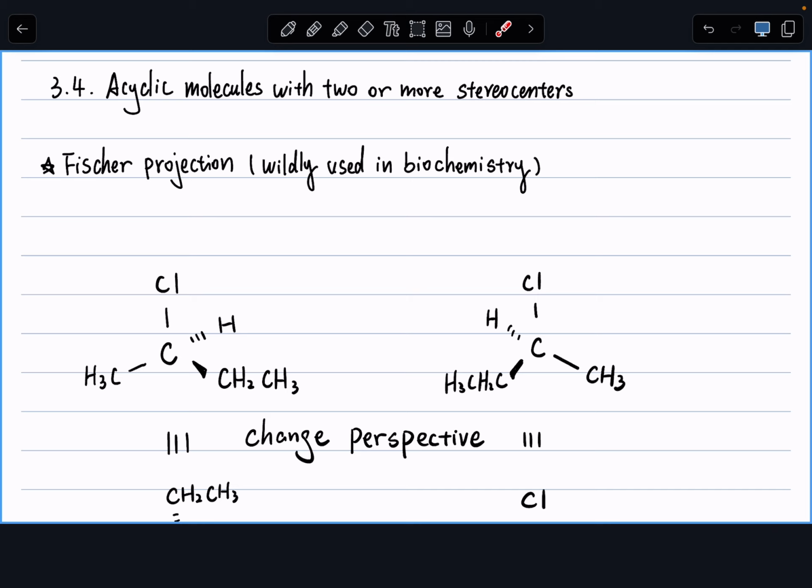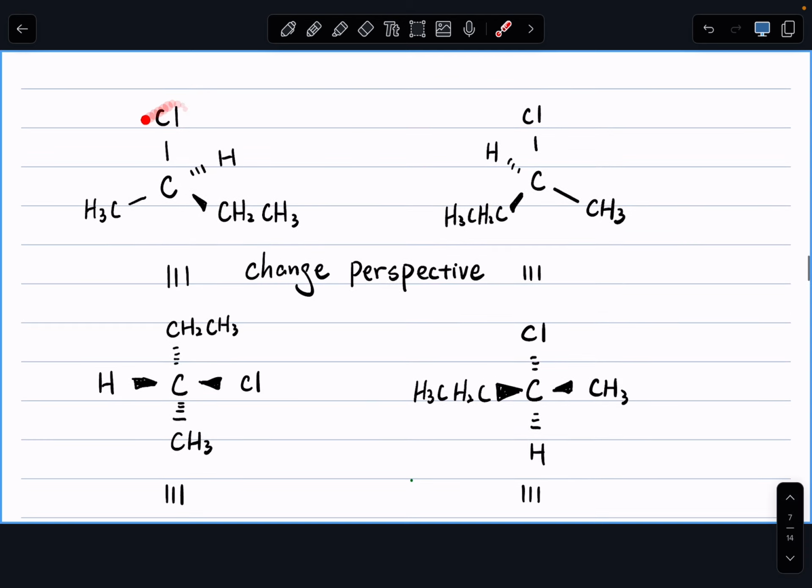So getting started, first of all, Fischer projection. Like what we did with Newman projection, Fischer projection is a different way of drawing the molecule. If we start from the normal wedge-dash configuration, let's look at this one again. What we have is the chlorine and the methyl.